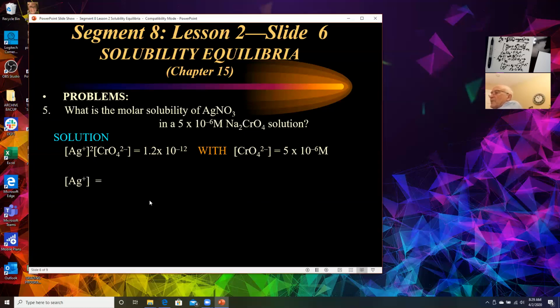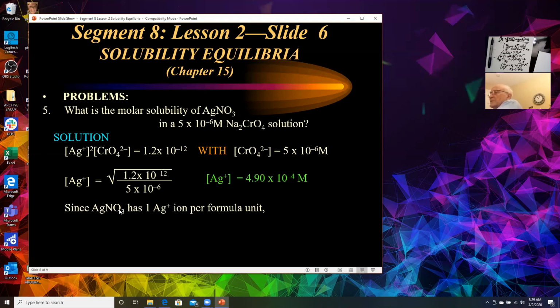And I need to take the square root because silver ion was squared. If I take the square root, I would get a silver ion concentration of 4.9 times 10 negative 4 molar if I've adjusted the chromate ion concentration to a higher value.